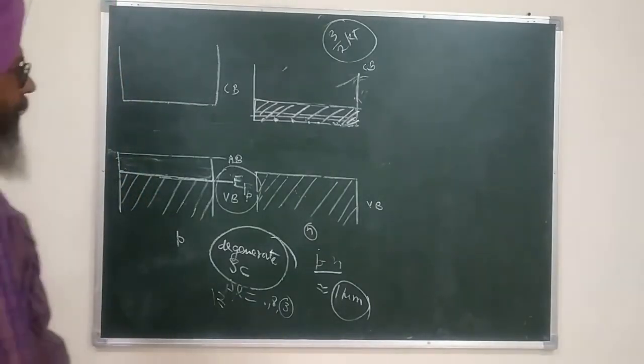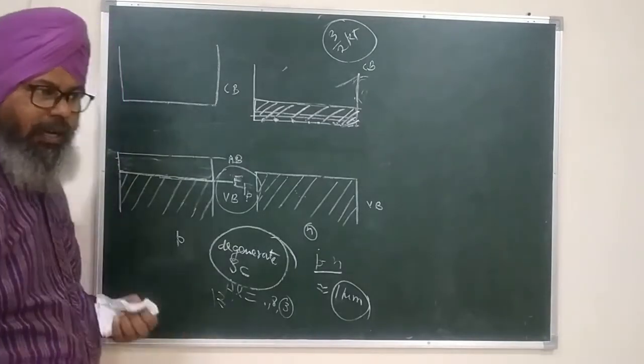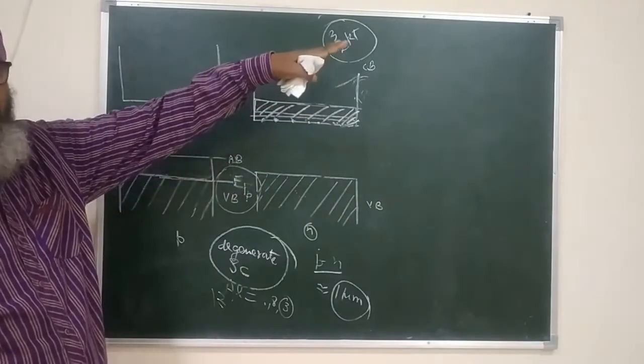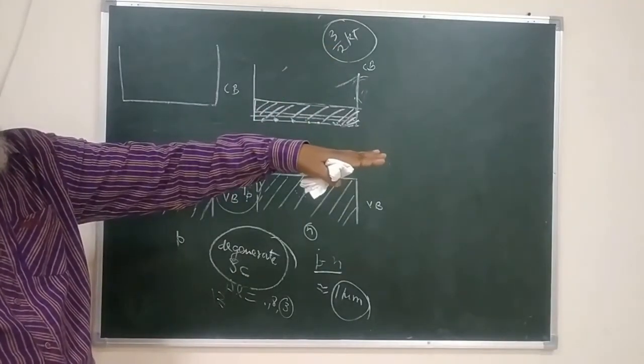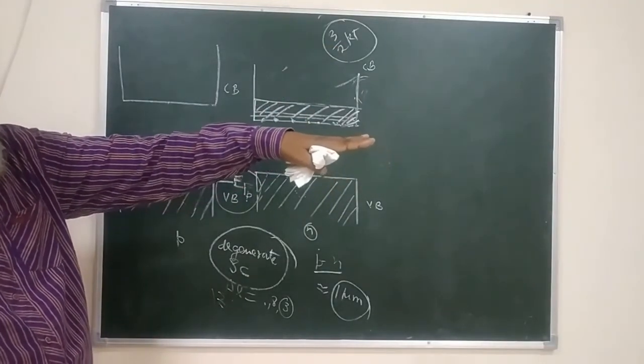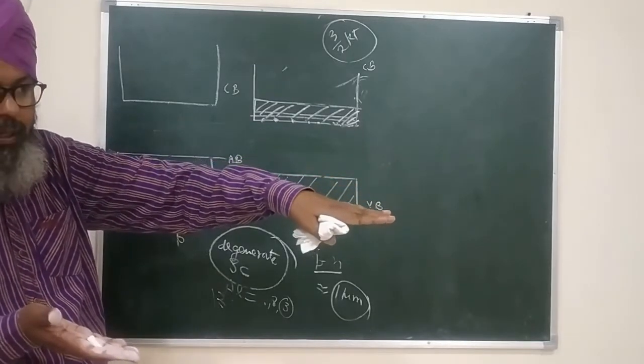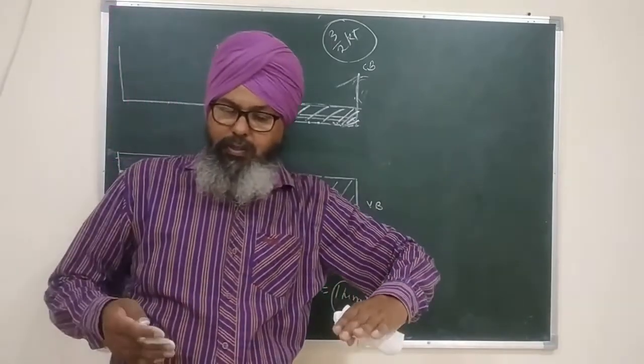When all these things happen and the diffusion stops, what happens? The Fermi level, which was going down due to the flow of electrons from the n side to the p side, and going up due to the gain of electrons on the p side, reaches equilibrium.